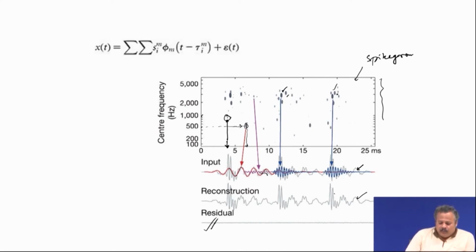So now what are we seeing in terms of these kernels? First of all, when we have a new signal and we have our basis kernels, the phi m's, how can we create this spectrogram? What they did was essentially a matching pursuit algorithm.